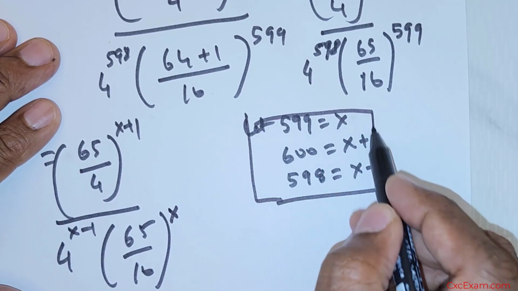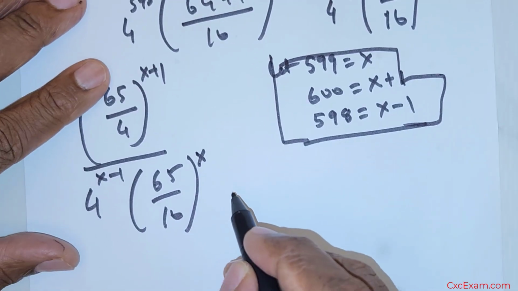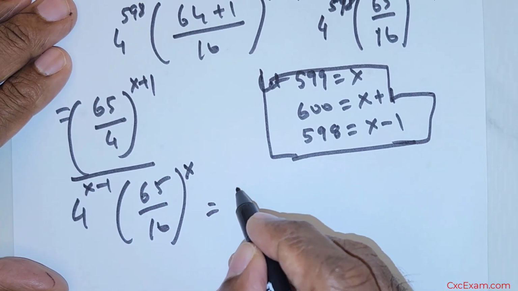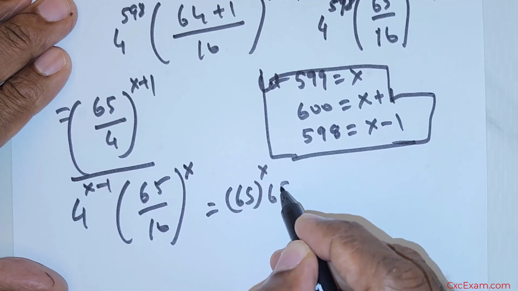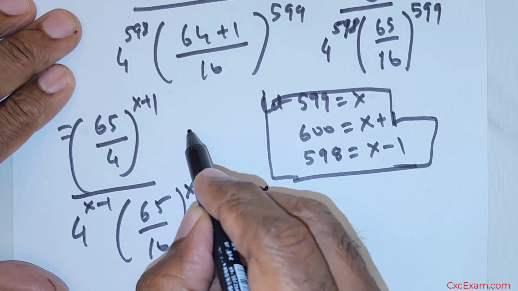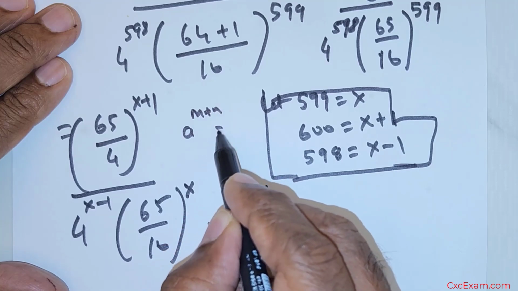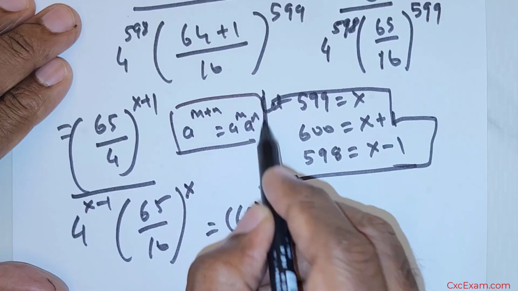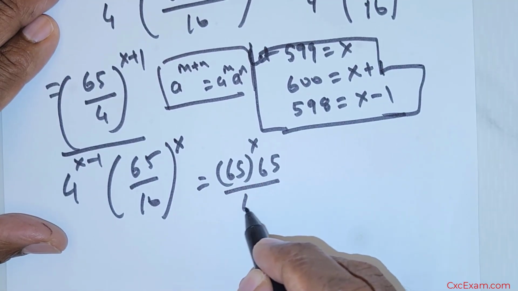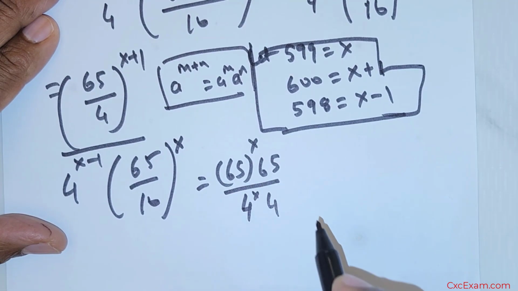Okay, this can be further rewritten as 65 raised to the power of x times 65. I am utilizing this formula, a raised to the power of m positive n is equal to a raised to the power of m times a raised to the power of n. And similarly this is 4 raised to the power of x times 4.